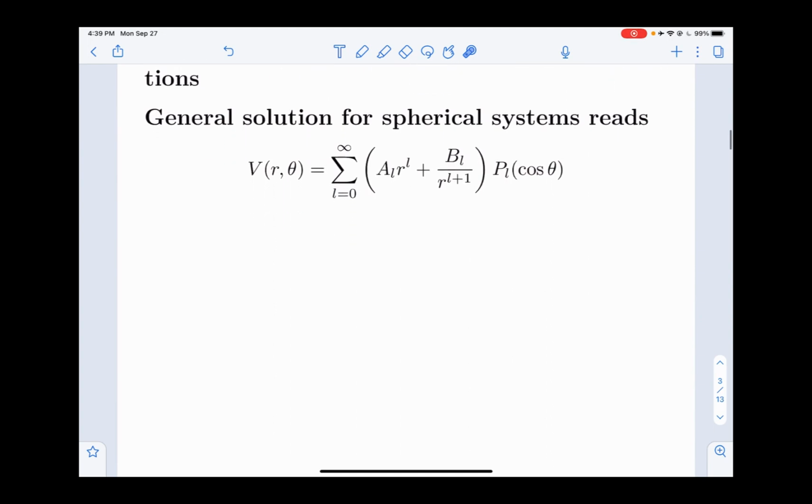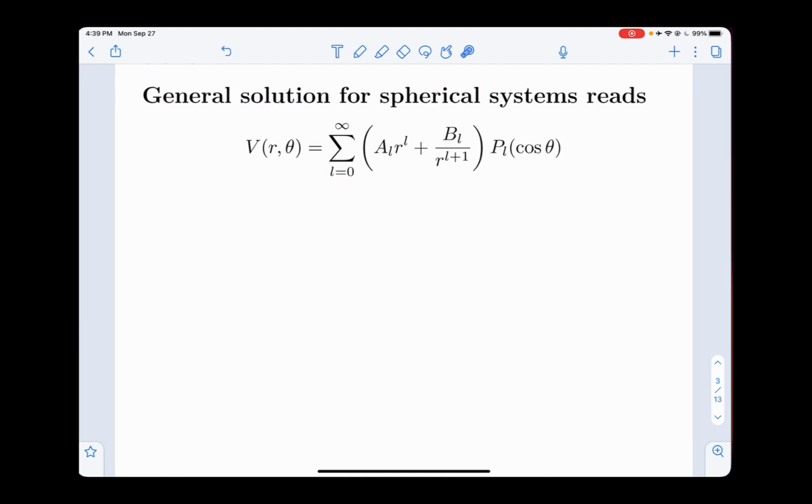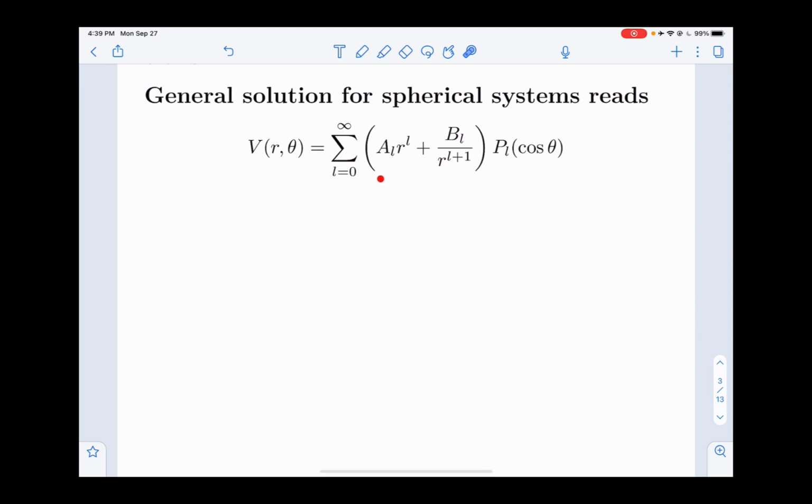Now let's take a look at the general solution for this spherical system. We can simply combine the radial part on the left and the angular part on the right. Supposedly on the right there is a normalization factor C_l, but since this C_l is simply a constant, it can be absorbed into A_l and B_l, so we didn't bother to write it down here.